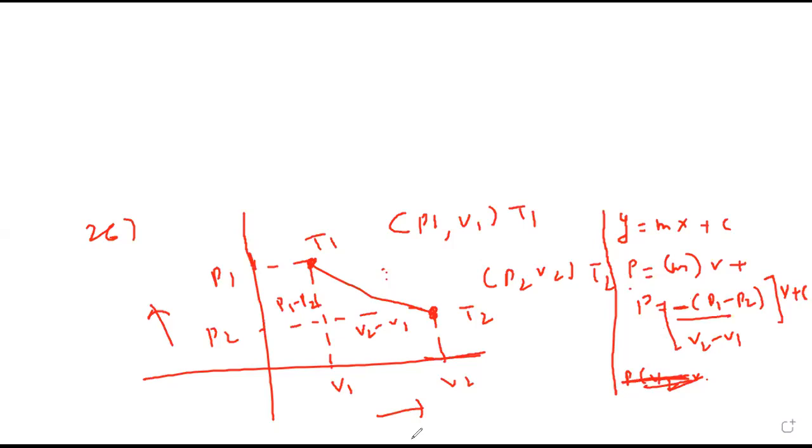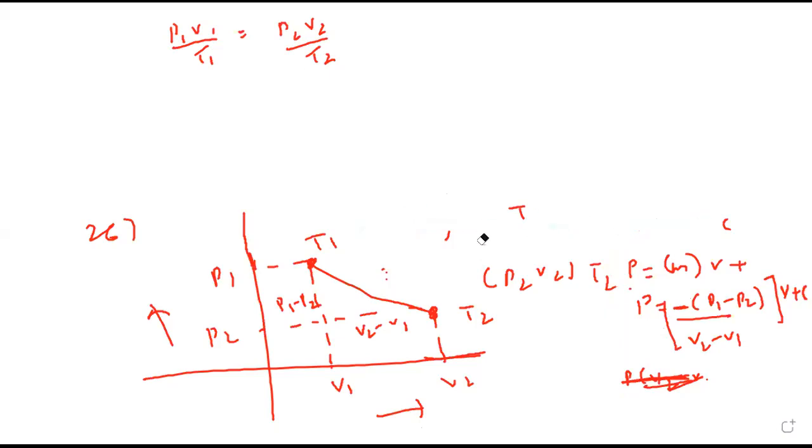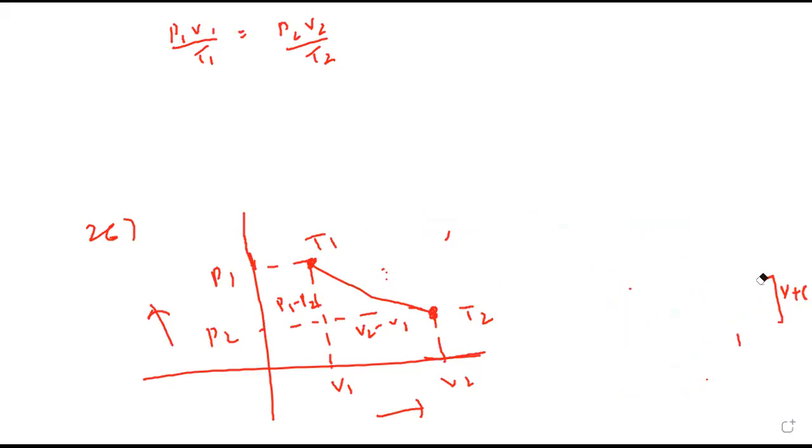What is the relation between T1 and T2? This is always true for an ideal gas: P1 V1 upon T1 is always P2 V2 upon T2.